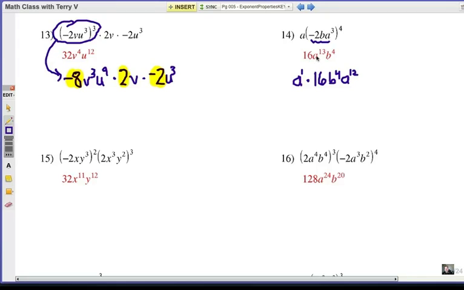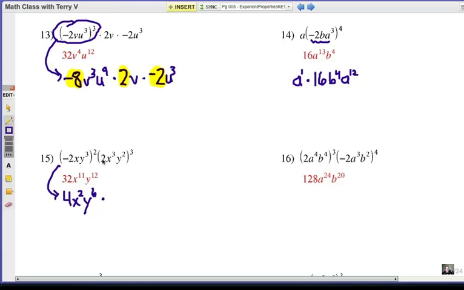Okay, we try to put our variables in alphabetical order. All right, let's deal with the first group here, which is going to give us -2 squared would be positive 4. X raised to the 2nd power would be x squared. And y to the 3rd squared would be y to the 6th. Okay, that's the first parentheses group.